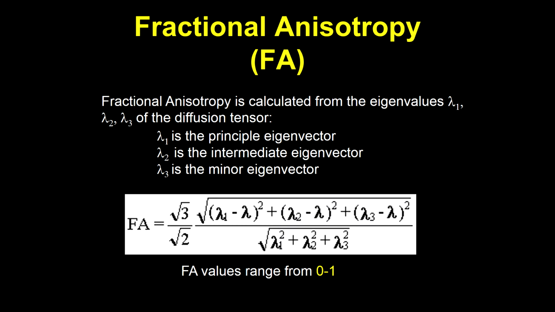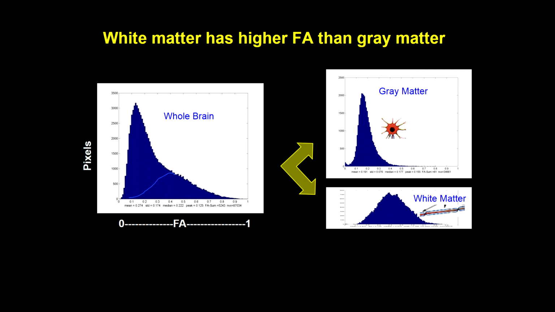As you can see, the numerator is composed of three terms that compare each individual component to the mean diffusion, and the denominator is essentially the sum of the individual components. And what we also know is that gray matter, in general, has lower anisotropy than white matter does, as you can see with our segmented image analysis.